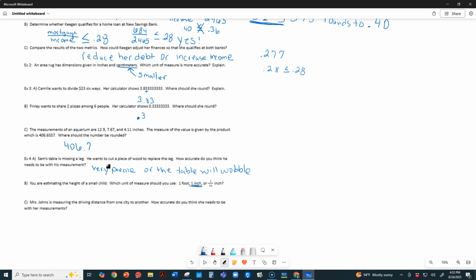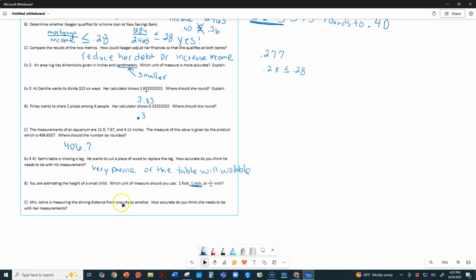You're not going to say my kid is 36 and 1/16 of an inch. You would just say my kid's 36 inches tall, and that's the way most of us do it if we're using standard units of measurement. We round to the nearest inch. My driver's license says I'm 5'2", but I am not 5'2". I'm 5'1 3/4", but nobody puts the 3/4.